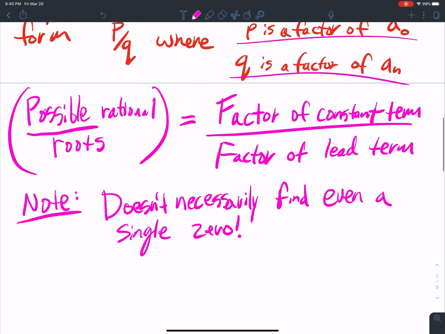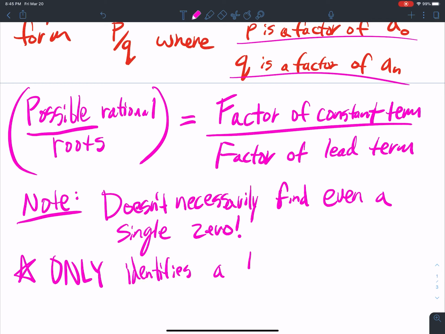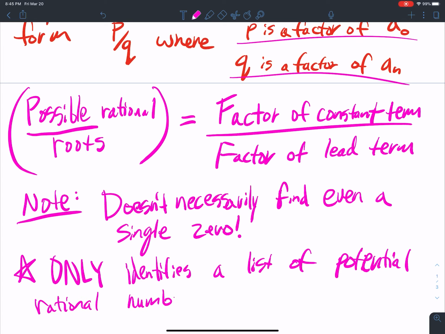It only identifies a list of potential rational numbers that could be zeros.